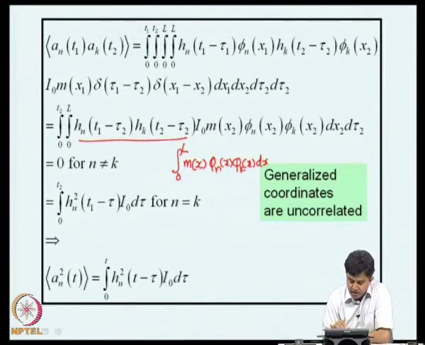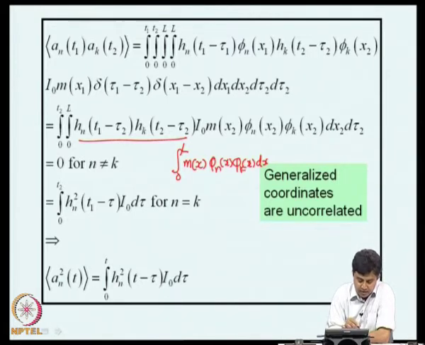By virtue of orthogonality property of phi n of x, this is 0 when n is not equal to k. So, what happens is this will contribute only when n is equal to k, otherwise it is 0.